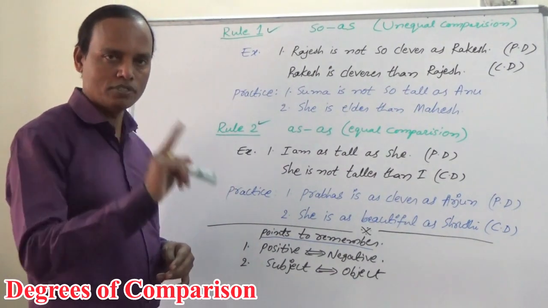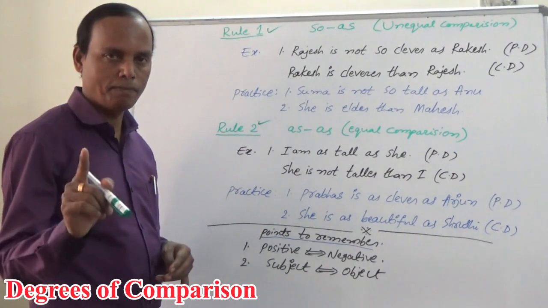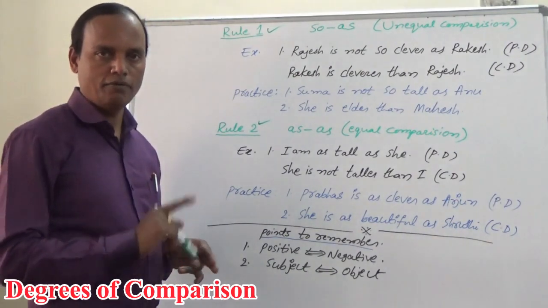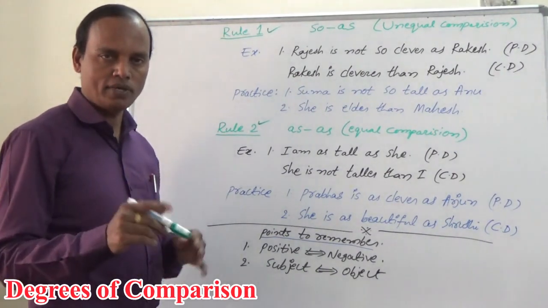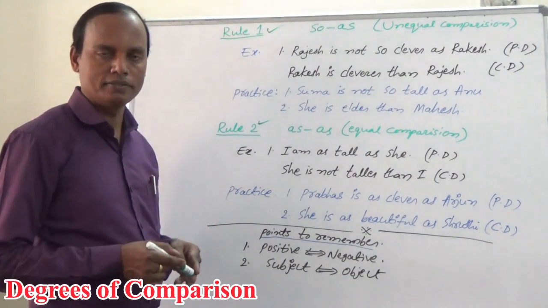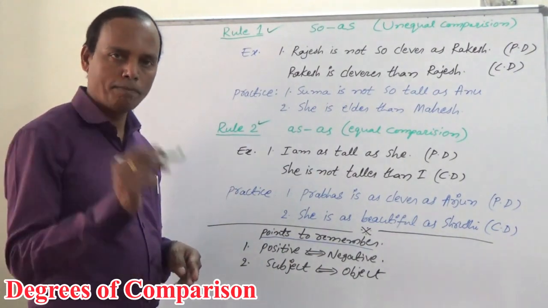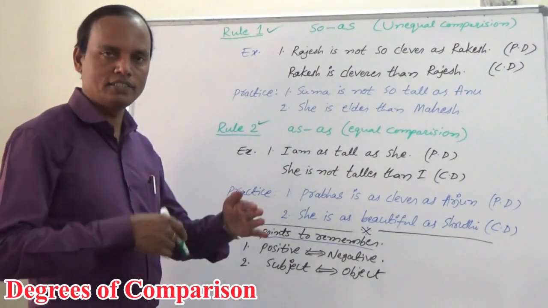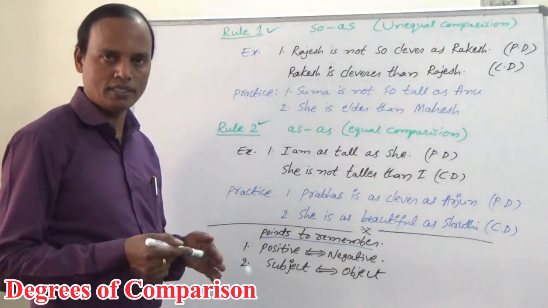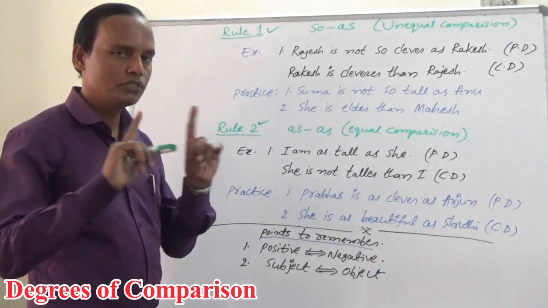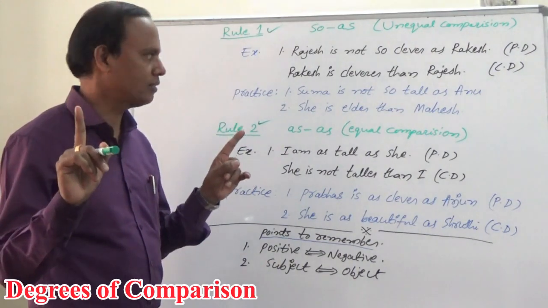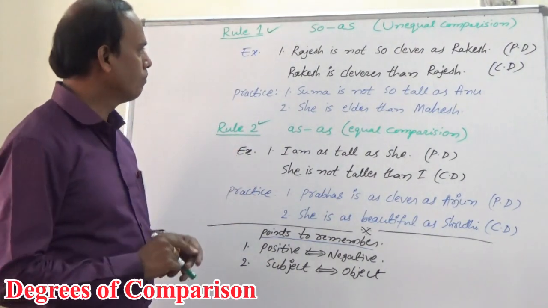Only positive degree and comparative degree. If positive degree is given, you can change it into comparative degree. If comparative degree is given, we can change it into positive degree, but there is no superlative degree.